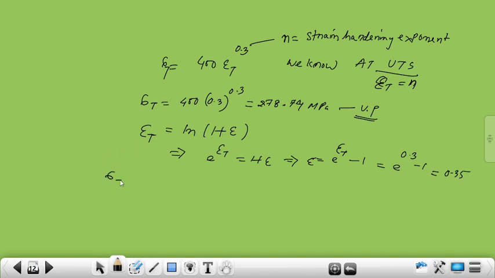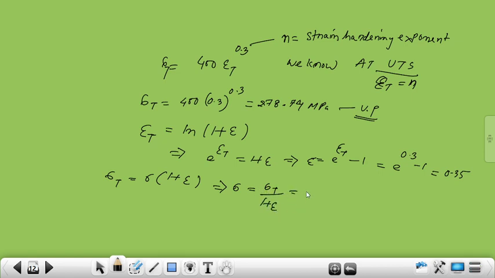True stress is equal to engineering stress into 1 plus engineering strain. So engineering stress is equal to true stress divided by 1 plus epsilon.